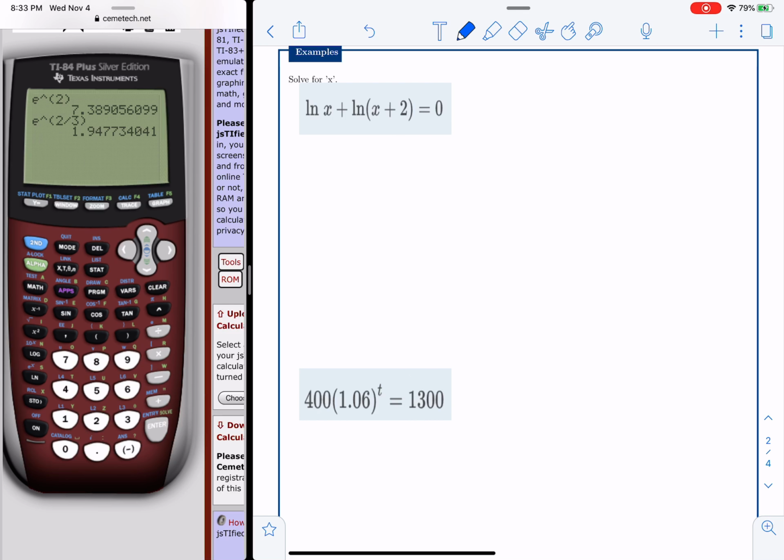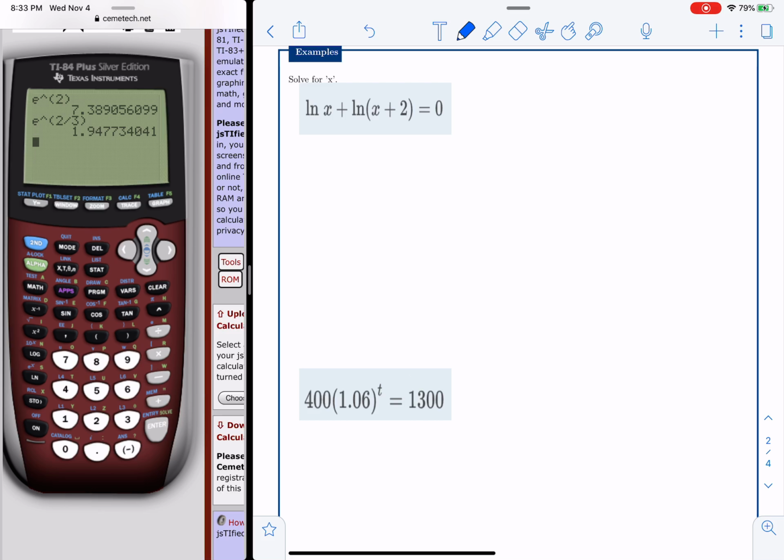In this example, we have two logarithms combined, and we've got to recognize that we need a natural logarithm by itself on the left-hand side for us to exponentiate on both sides and solve the equation.